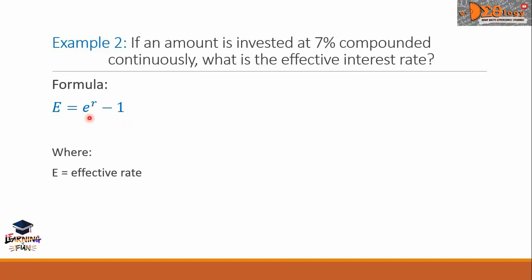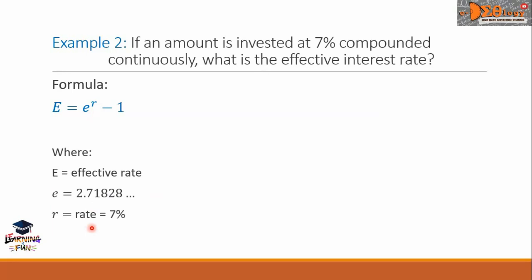The small e here is a special constant in math that is equal to 2.71828 and so on. We can get this value from our calculator directly. And the R is the rate that is given in the problem.